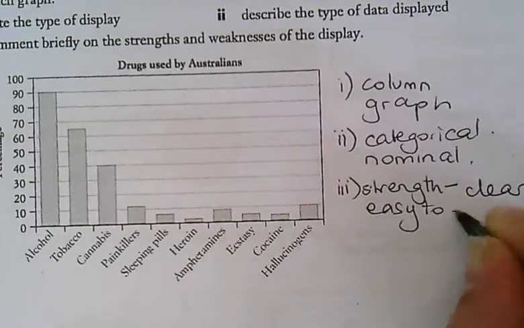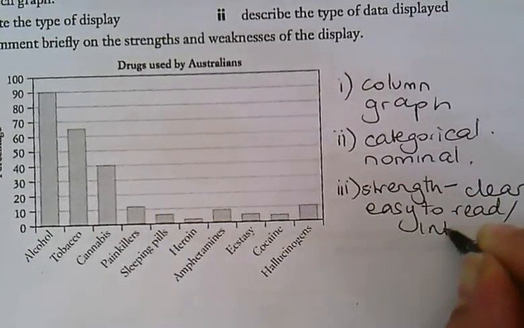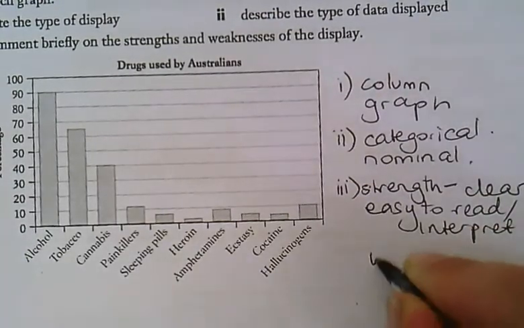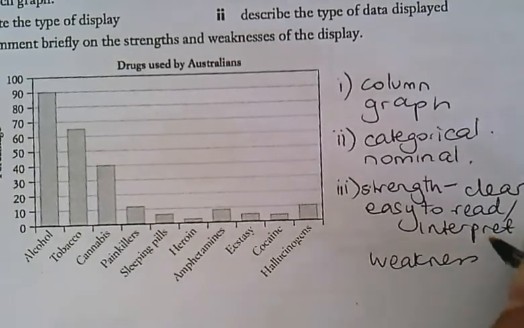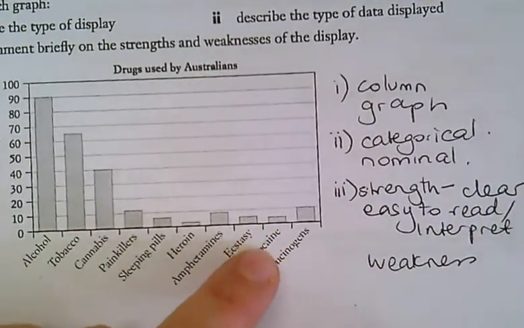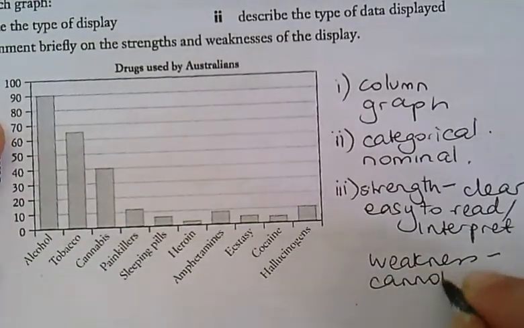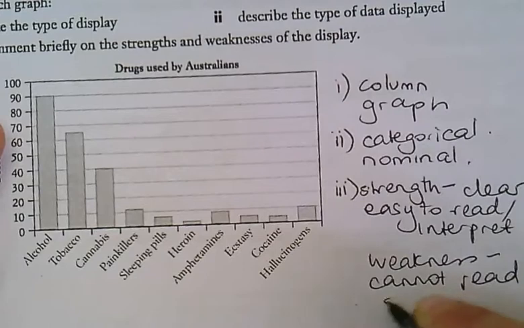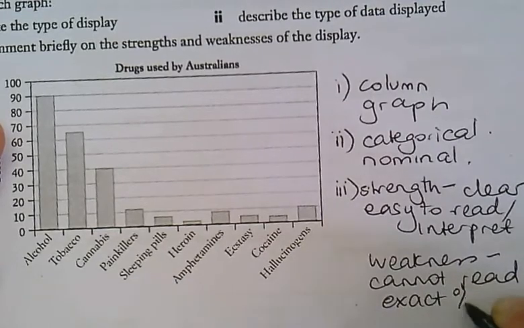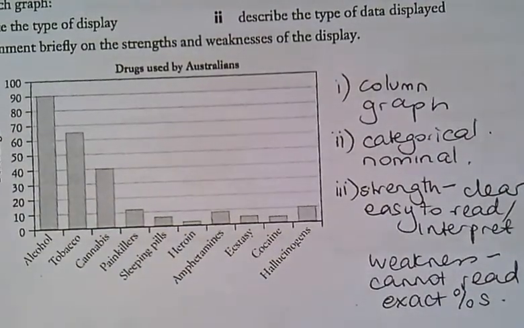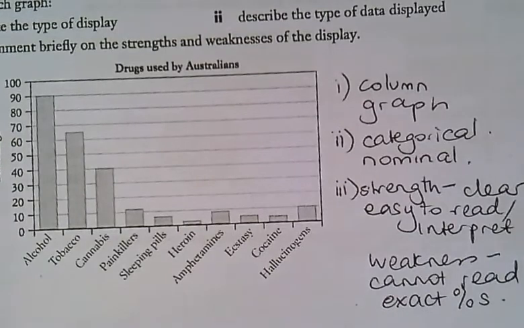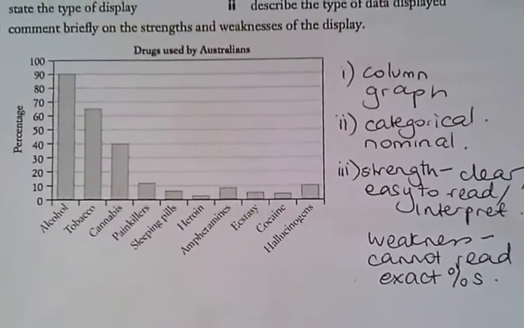Easy to read or interpret. Okay. But what's the weakness? Well, you sort of got to approximate values. You cannot read exact percentages off. But, you know, you can pretty much get the picture.